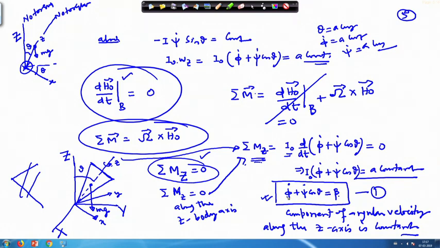We can just write phi dot plus psi dot cos theta equal to beta, or multiply it by I 0 and write that equal to beta. The only thing we are looking for is some simplification of the whole process. We do not have to complicate the whole thing, so as per your convenience, you can work in this manner.